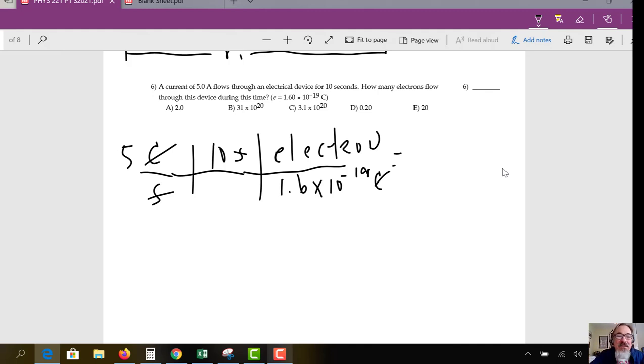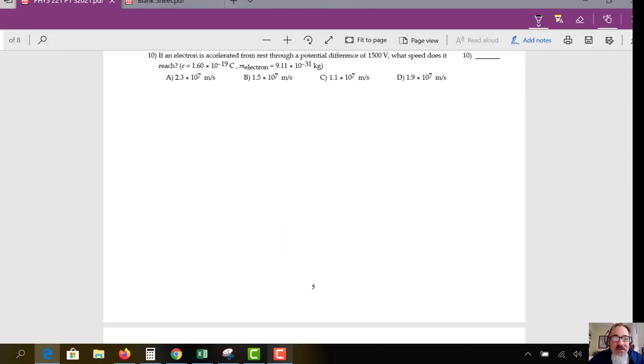So when I punch this in, I get 50 on the top divided by 1.6 EE minus 19th, 3.125 times 10 to the 20th. Okay, good. So it looks like choice C here for number 6.